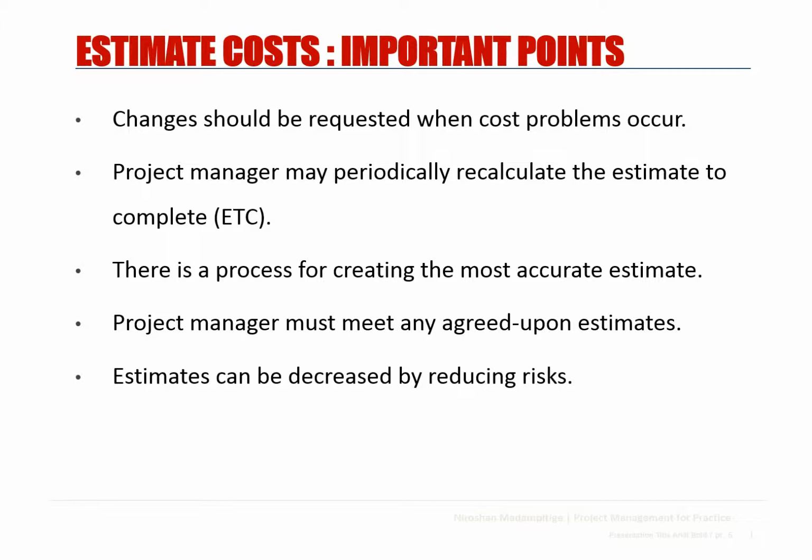By this way, you will be able to check whether you are still on track as you planned in your baseline. And if there are deviations, for example, if you are over budget or behind schedule, you have to take corrective actions.